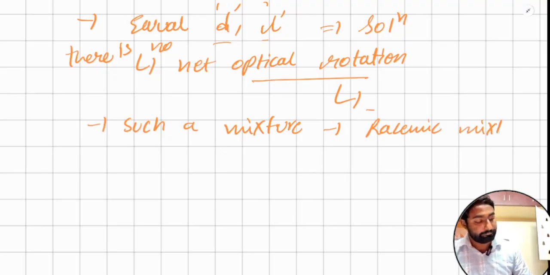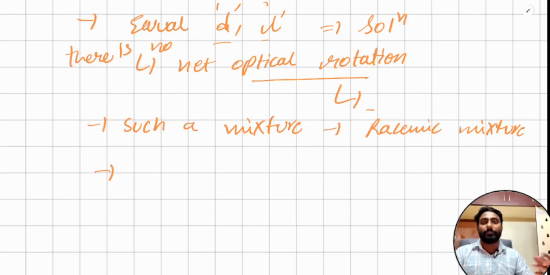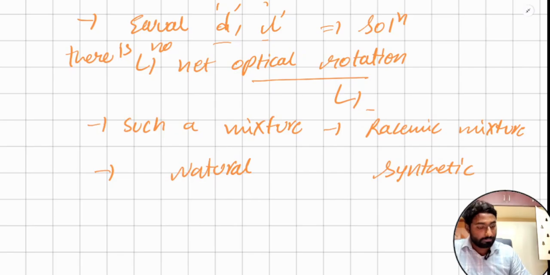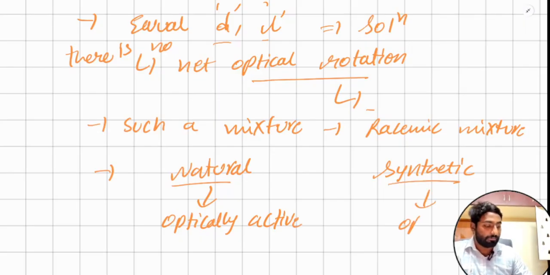Okay. Now, what is the use of it? If you are given a natural sugar and a synthetic one, natural sugars will show optical isomerism, they are optically active, and the synthetic ones are optically inactive, they are racemic.